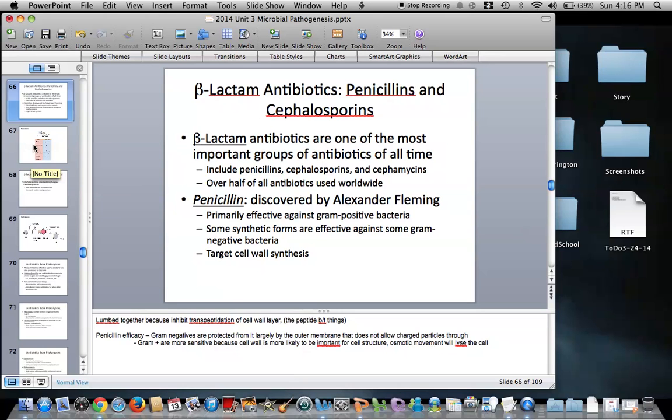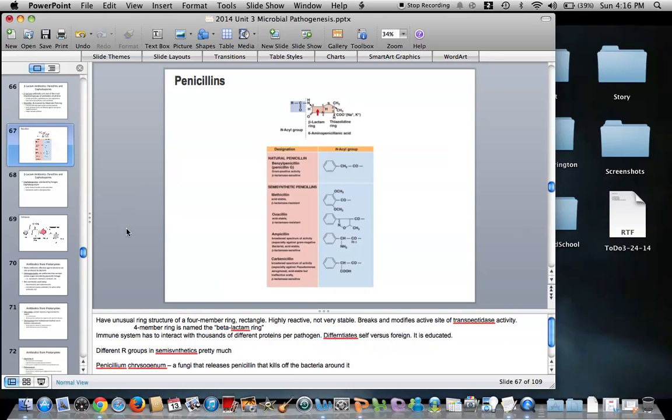Obviously going to work more on gram-positive. Nothing particularly interesting. Beta-lactam ring is the square ring. It's very highly reactive, and it breaks up transpeptidase activity, which means the links of the cell wall never get made. The protein links.